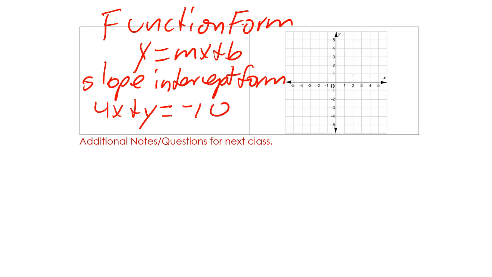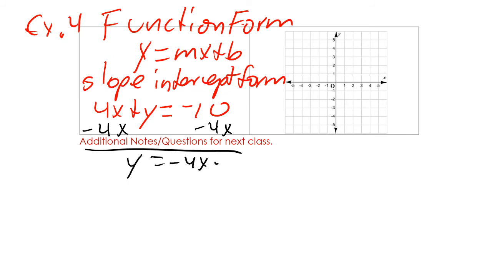This is example 4. I need to isolate y, so I'm going to use my solving techniques. That is, I'm going to subtract 4x from both sides. And I get y is equal to negative 4x minus 10. I'm going to make a table.